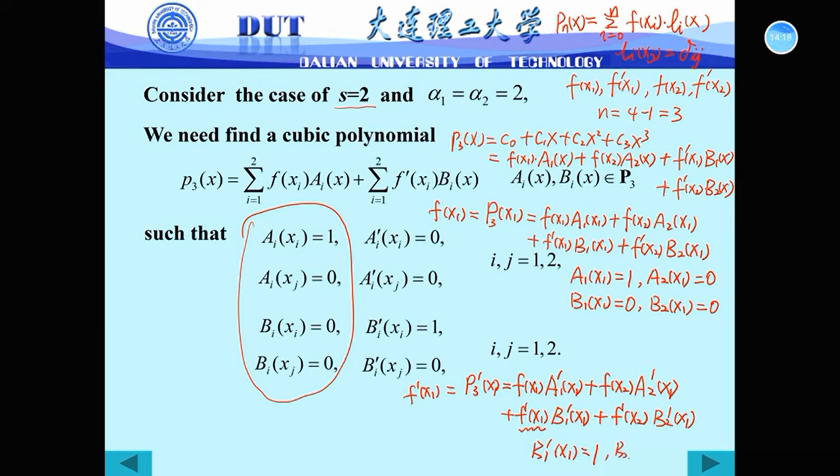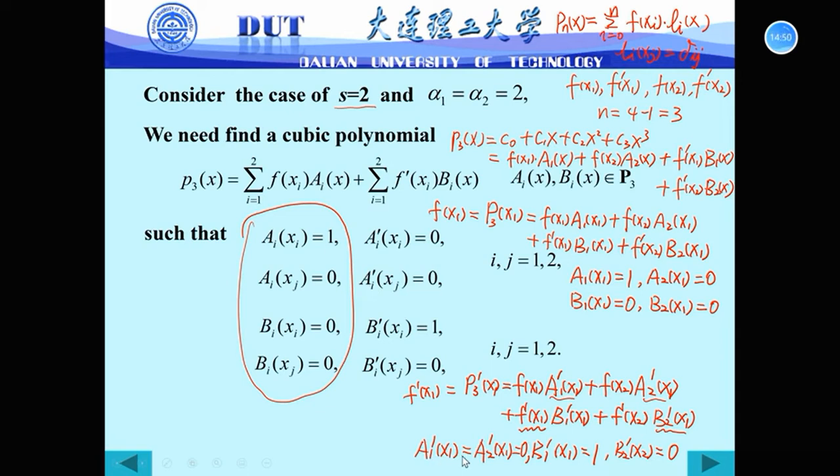And b2'(x1) equal to 0. This term should be 0. And also this term and this term and this term, they are zeros. So a1'(x1) equal to a2'(x1) equal to 0. It's okay? So that means here ai'(xi) equals 0, ai'(xj) equals 0.